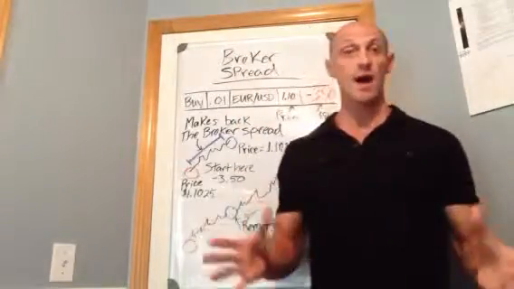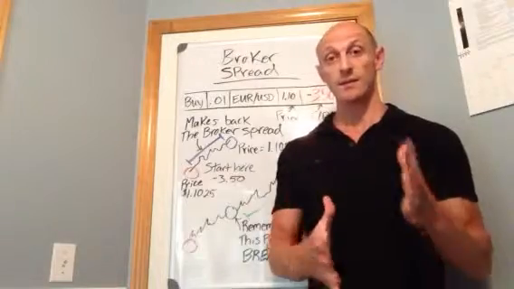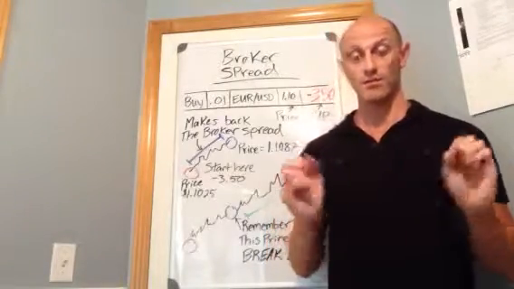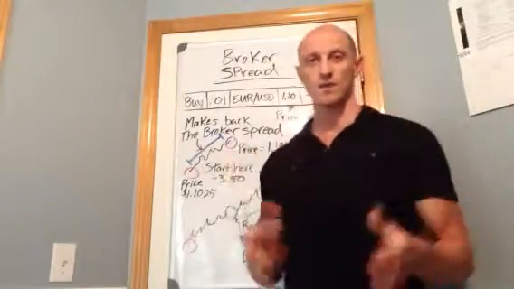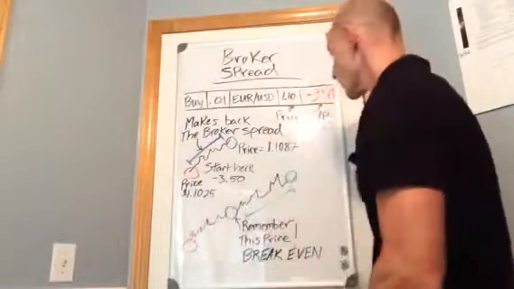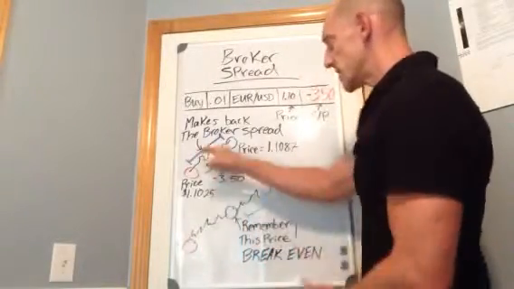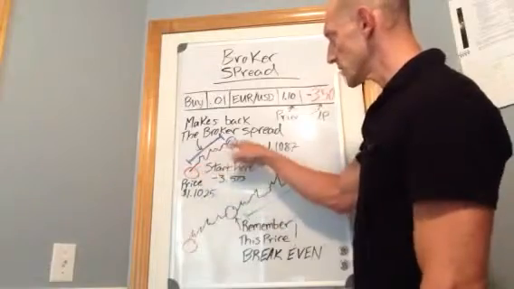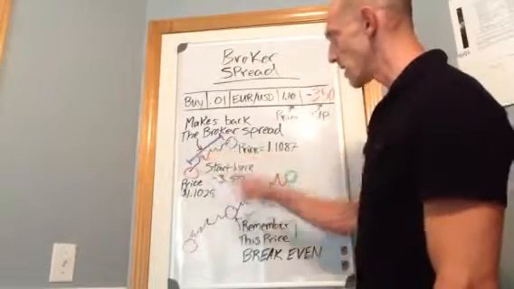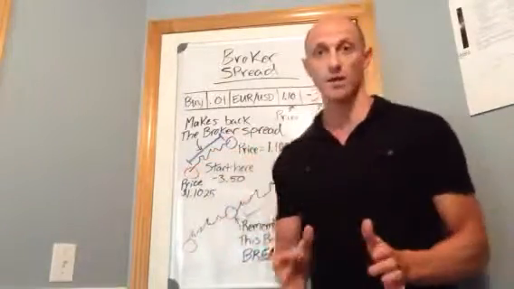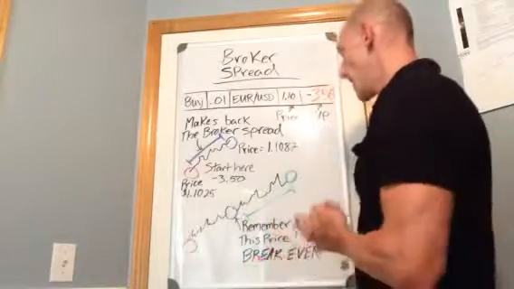Now this is not an exact pip calculation that I've made here. This is just for the sake of explaining the concept to you. So this area from the red circle to the blue circle makes back the broker spread.